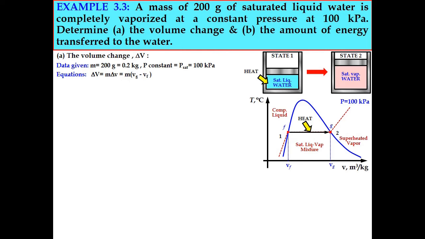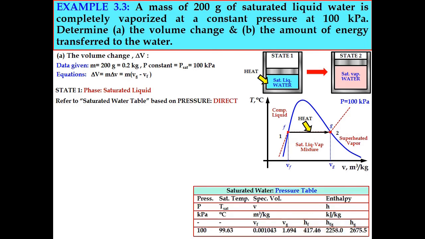So we need to know the value of Vg and also the value of Vf at the specific state. We need to solve state by state in terms of data. For state number 1, we know that the phase is saturated liquid. To get the data, we refer to the saturated water table based on pressure, because the pressure is already given, and from the table we can obtain the data directly.